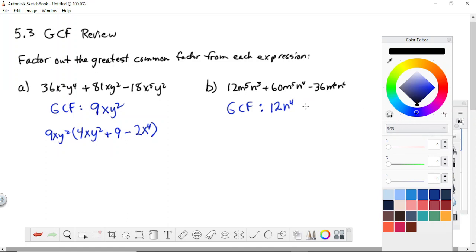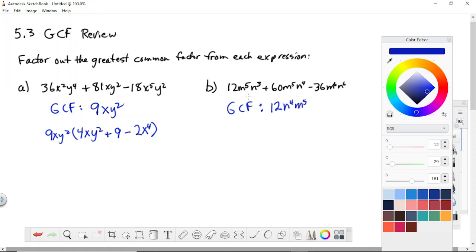So let's look at m. We have m to the fifth, and m to the fifth, and m to the sixth. So the smallest is m to the fifth, right? We write that down here as well.